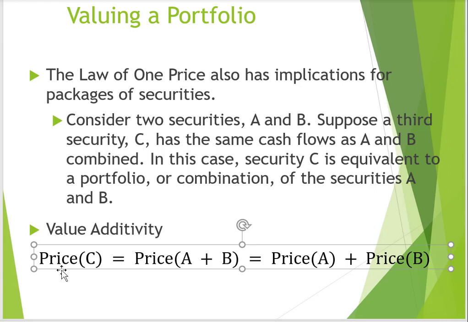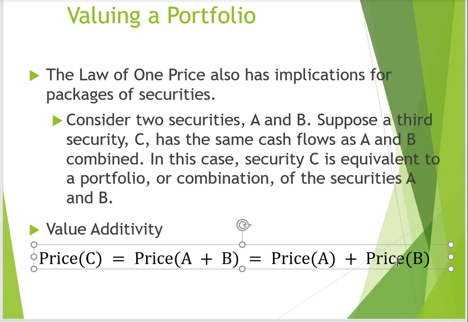Well, if you look at our formula, there's only two ways. You either have to increase the value of A or increase the value of B. So one way to increase the value of a company is to increase the value of the assets within the company. The only other way to increase value then is to add an additional asset.